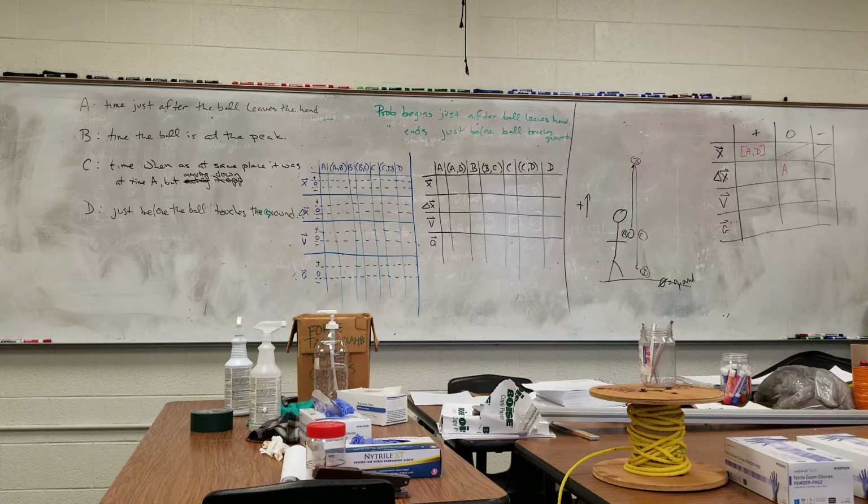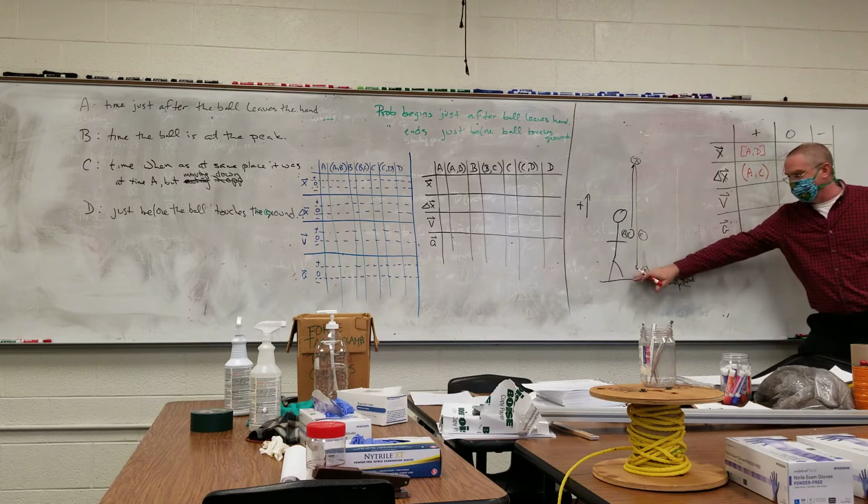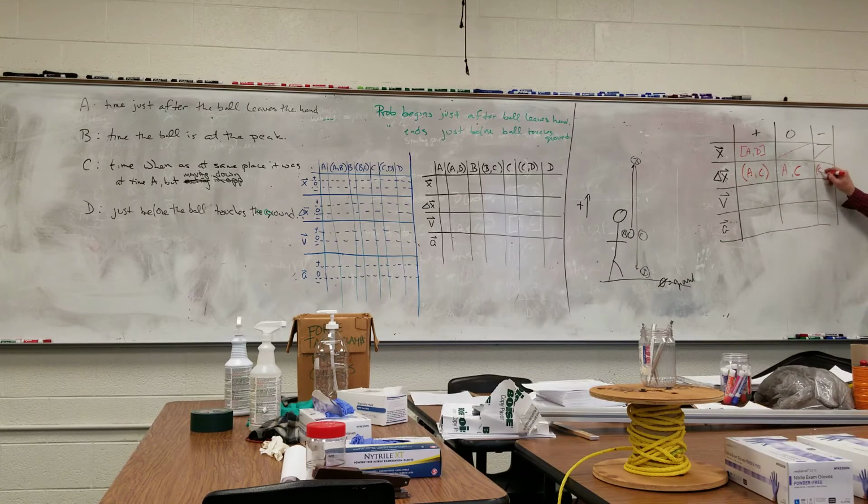At C, it's in the exact same spot. And then when is it positive? When are you on the plus side of the starting point? From A to C. Yep, not including them because they're over here. And then, if we've done it right so far, everything else should be negative. And that is indeed when it's below. So C, comma, D.